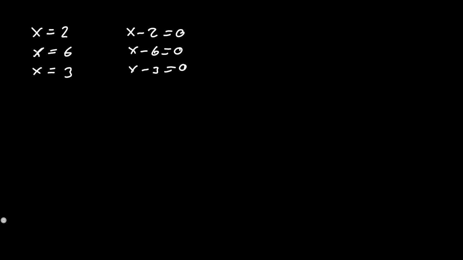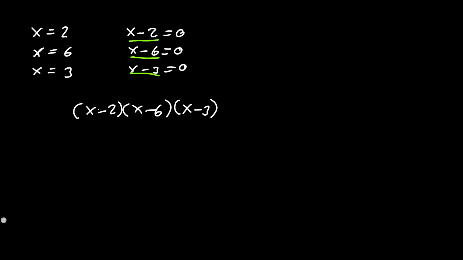Now we need to multiply the three factors together, which gives us x minus 2 times x minus 6 times x minus 3. Now we have to expand the whole expression.